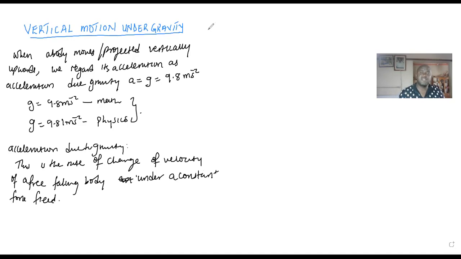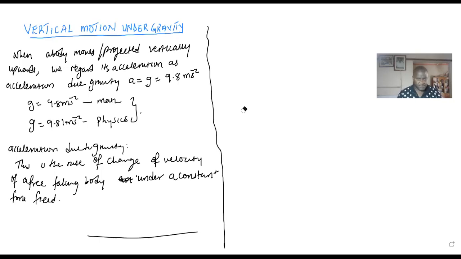So this is the basic definition we can have in words. We can now go to definitions which are mathematical.